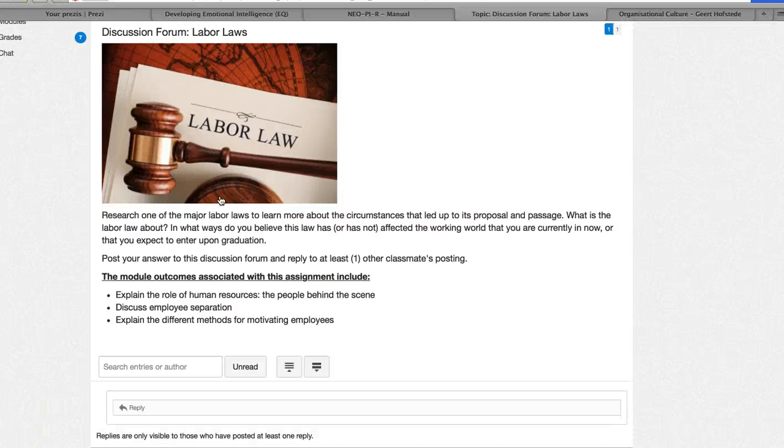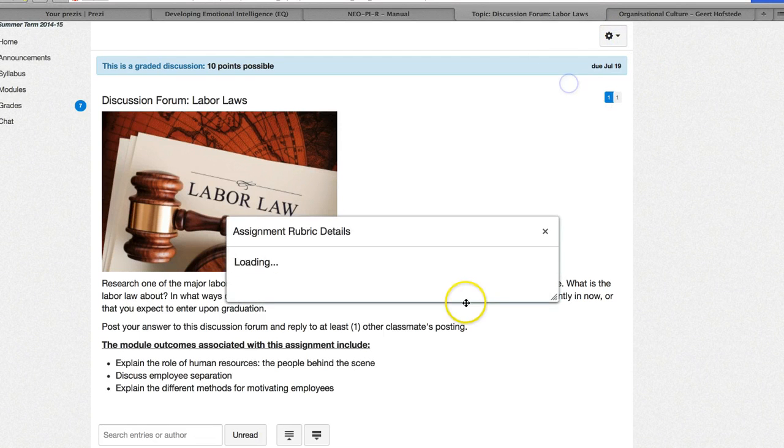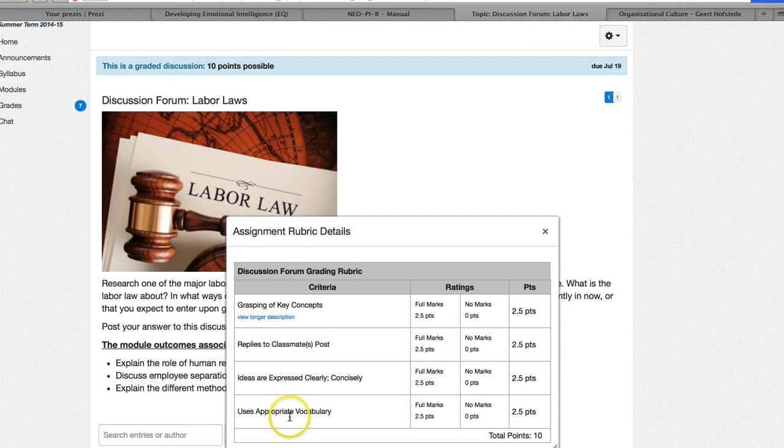Keep in mind, just real quick before we go in this, you will have a discussion of labor laws. So this is what you're going to be discussing. Research one of the major labor laws. Be sure you're answering all that. You can add to it if you'd like. Critical analysis is a part of this. Well, actually it's not. Grasping of key concepts.